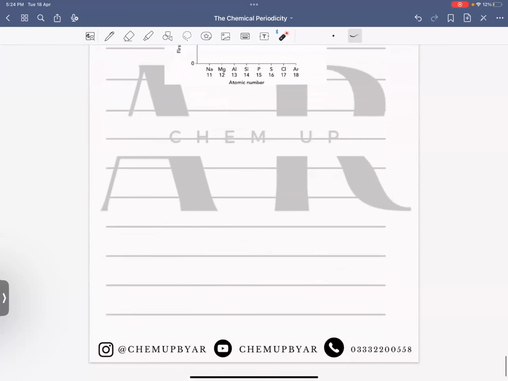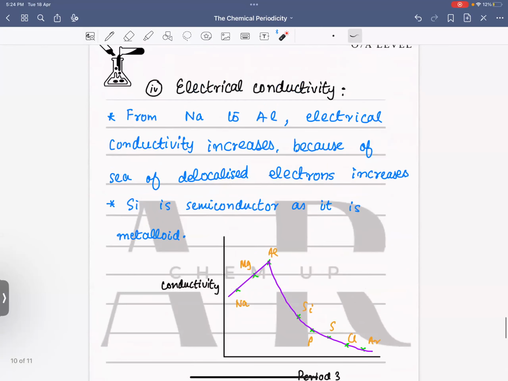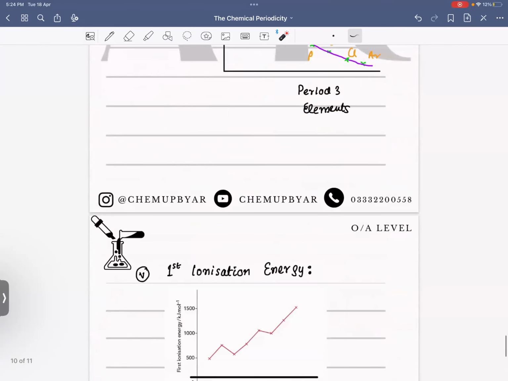So actually till here we have completed all the trends of the period 3 elements.